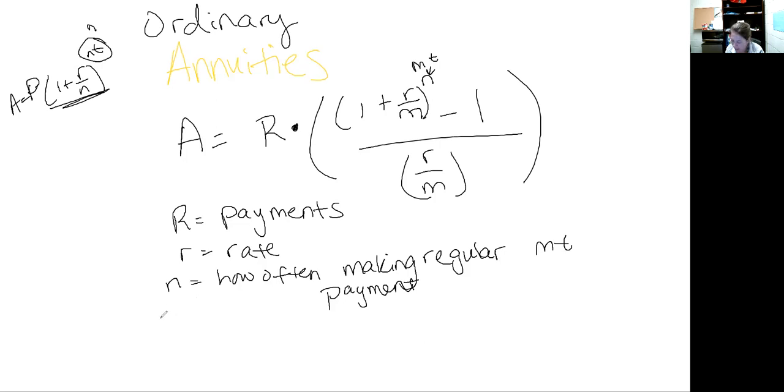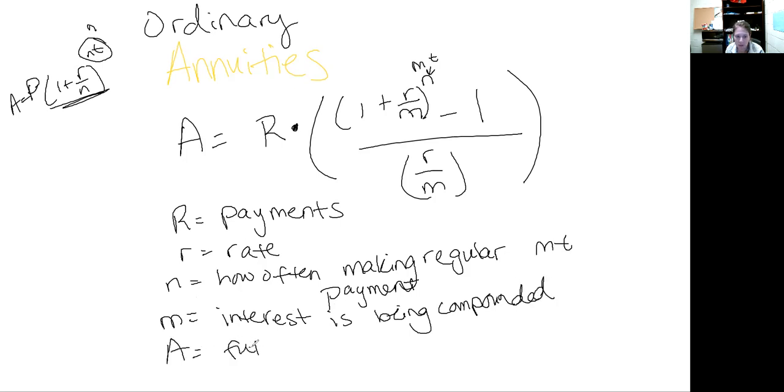And then we have M, which is your interest that's being compounded. And then of course A is our future value, the amount that you're looking for.